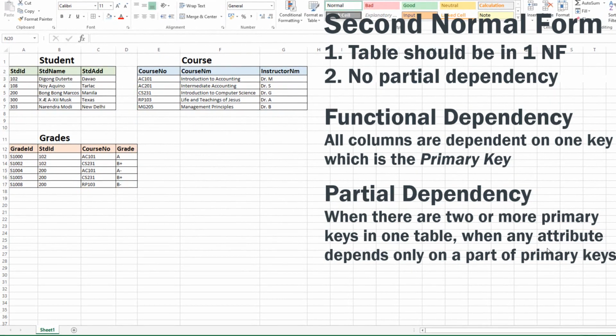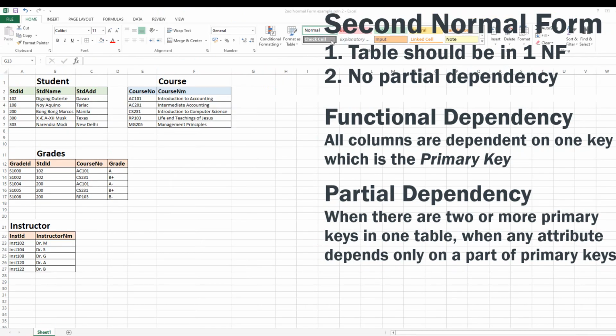The other solution is to create a completely new table for instructor, whereby you save the name of the instructor and the instructor ID and so forth. You can even save the phone number, their addresses, and so on. This form is also a second normal form.